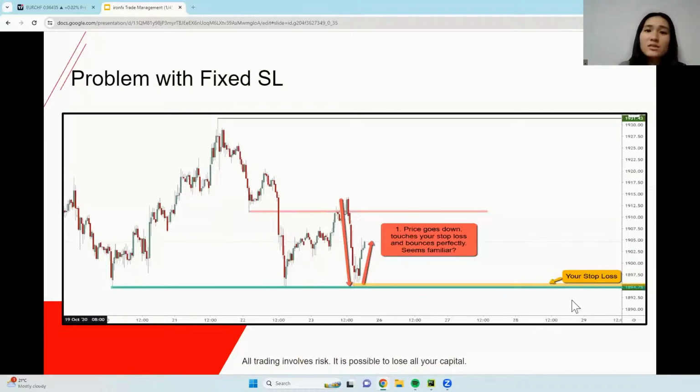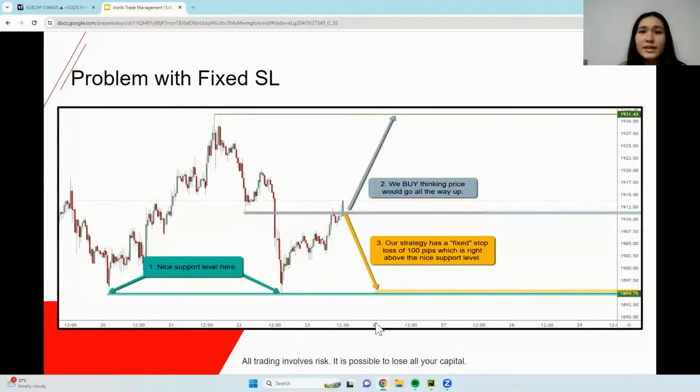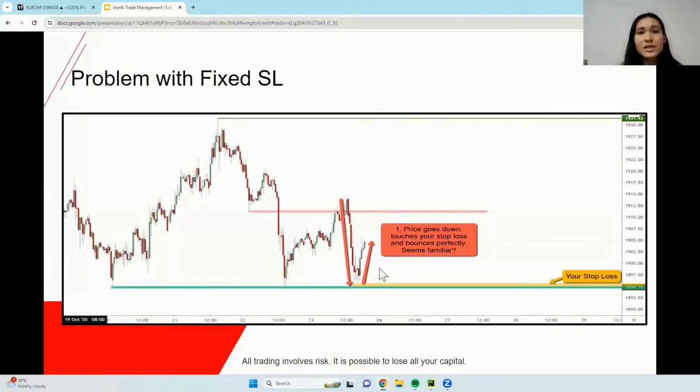Your stop loss is here, and we're going in for a buy, thinking that price will go all the way up to our resistance over here at 1931.43. But instead it reverses and it bounces off our stop loss.